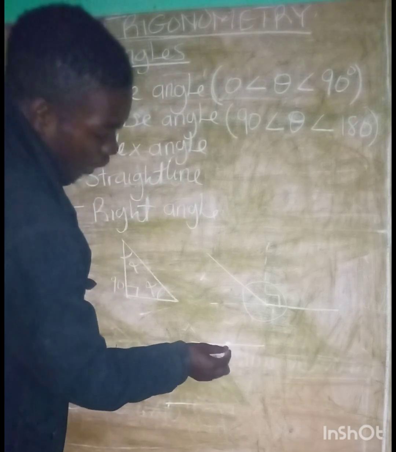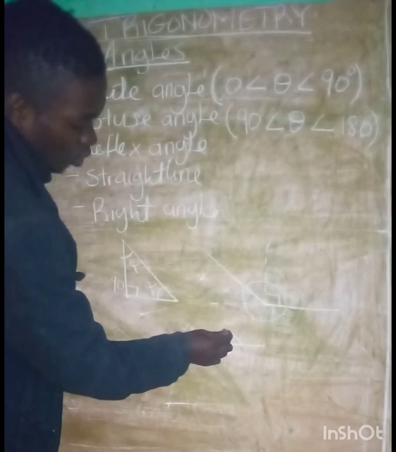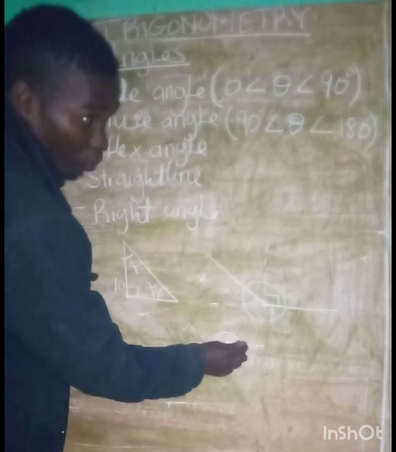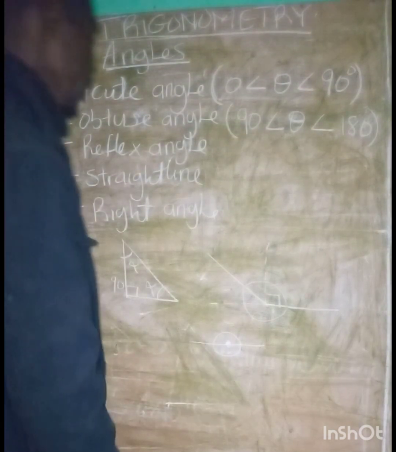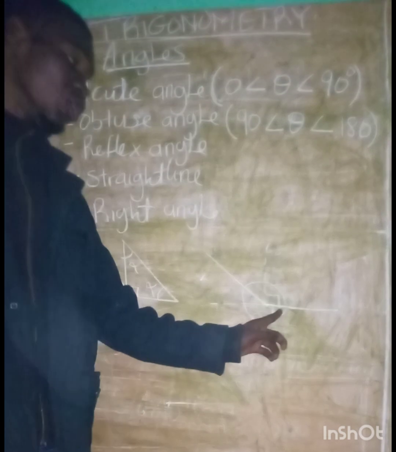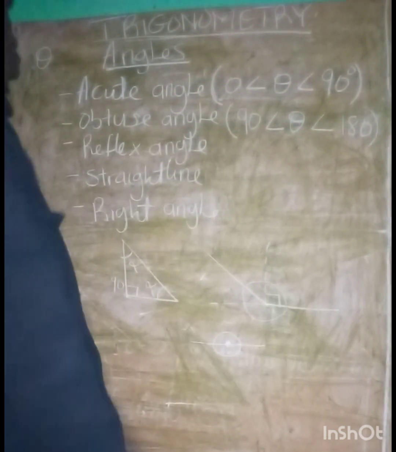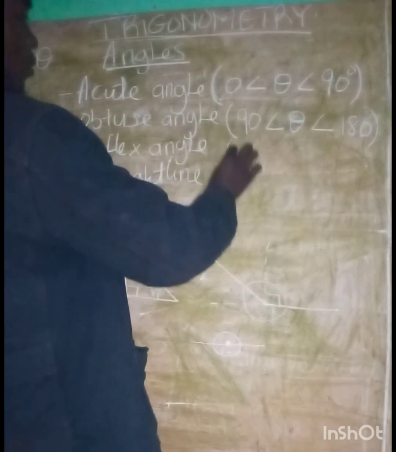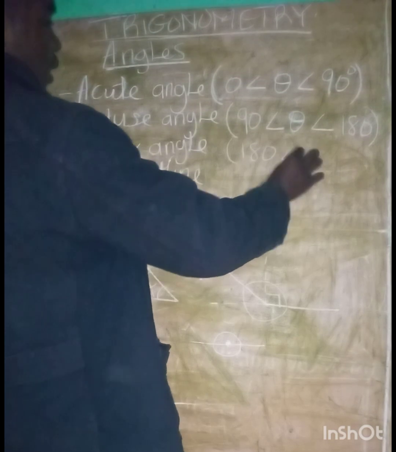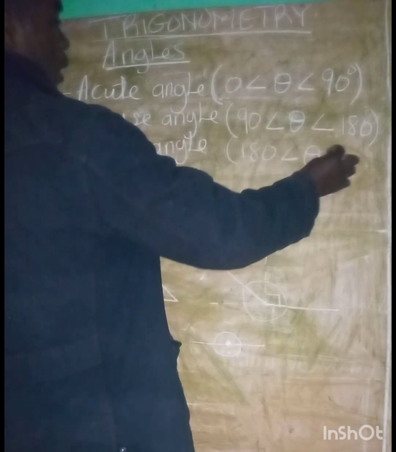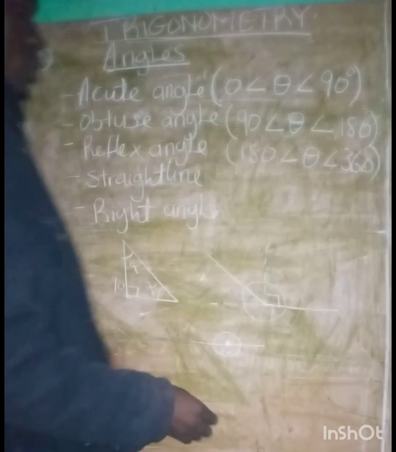The angle formed when you start from here, you measure and you come back to this point is 360 degrees. So the reflex angle is greater than 180 degrees but less than 360. So I can say it is between 180 less than theta less than 360. That's the reflex angle.